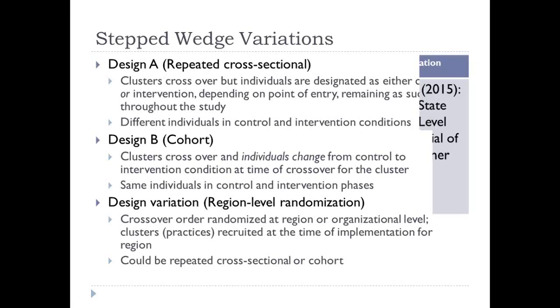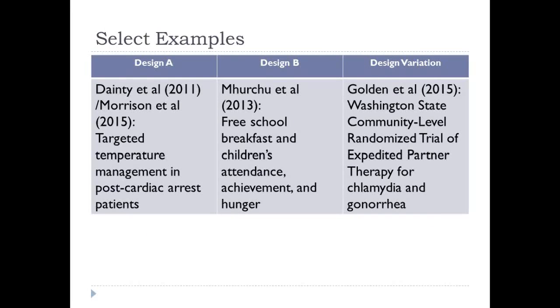So the examples I'm going to be presenting are those for which there are both protocols and results available. For design A, which is that repeated cross-sectional design in which clusters cross over, but individuals do not, I'm going to be referring to work by Dainty and Morrison and colleagues regarding their intervention to implement targeted temperature management in post-cardiac arrest patients. To look at design B, the cohort design, I'll be describing work by Mahertu and colleagues regarding free school breakfast and its impact on children's attendance, achievement, and hunger.